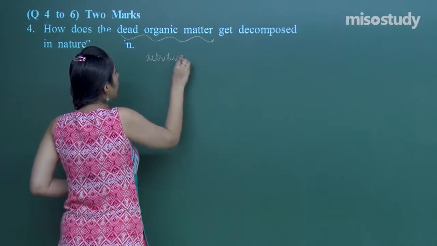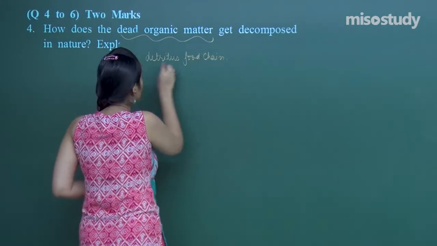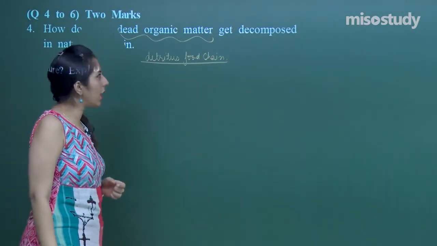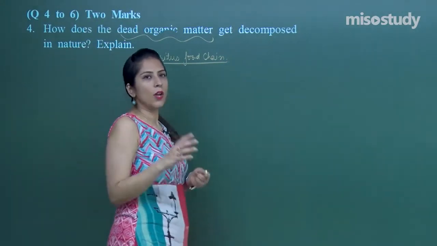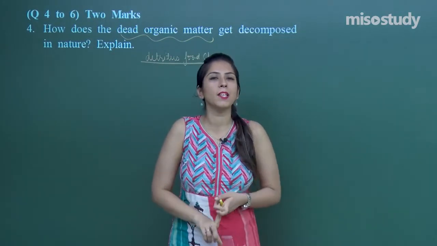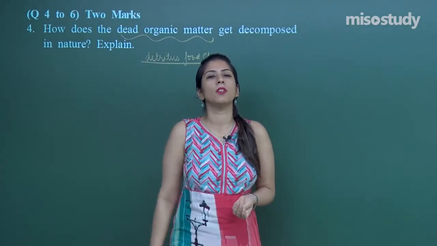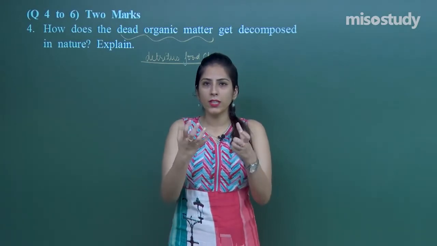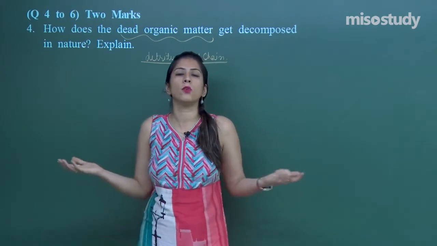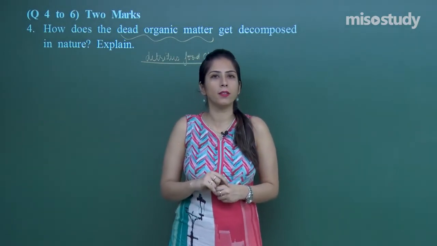Detritus food chain. In case of the detritus food chain, what happens is organic substances are converted into inorganic substances by the action of microbes, by the action of bacteria, by the action of fungi, due to which these organic substances will be engulfed by the bacteria, so that they will get the nutrient requirement. This is what you have to answer in this.